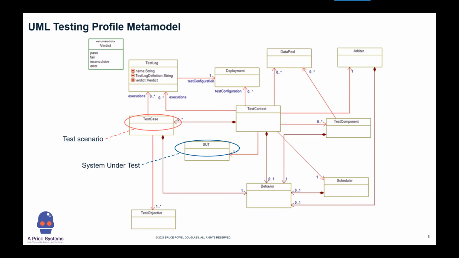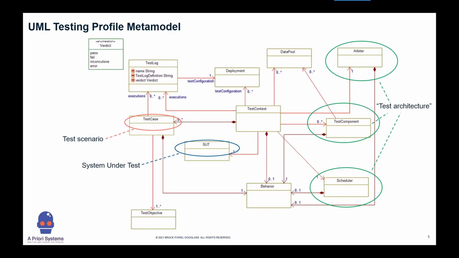They can be sequence diagrams, which is the most common. They can be activity diagrams. They can be state machines. And sometimes you just write code snippets in a scripting language. That's okay too. But these are your testing scenarios. So your testing context will have a set of these test cases which you will apply to the system under test to achieve test objectives.